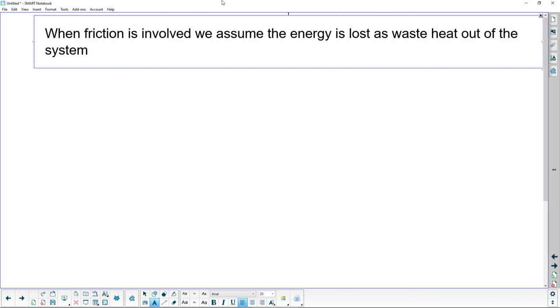Okay, so it's out of the system. Okay, so we calculate that waste energy using the work equation.